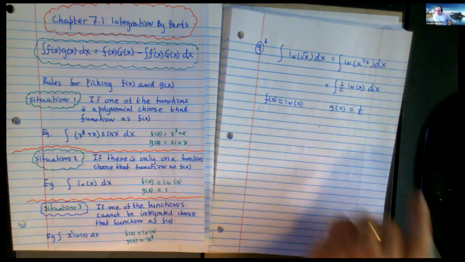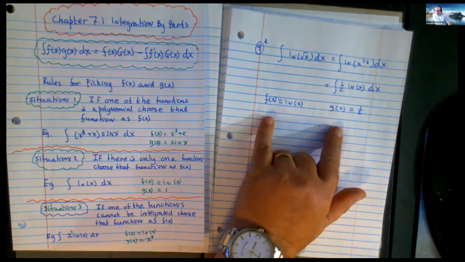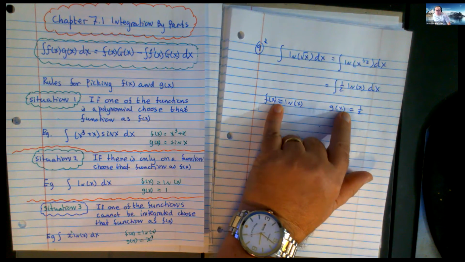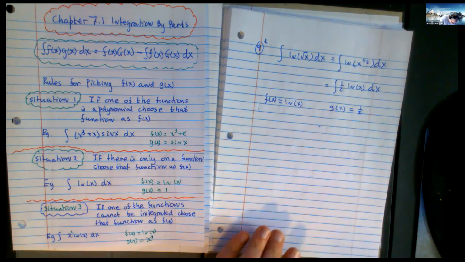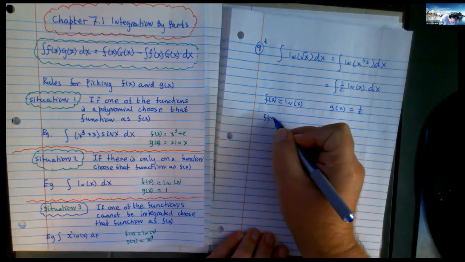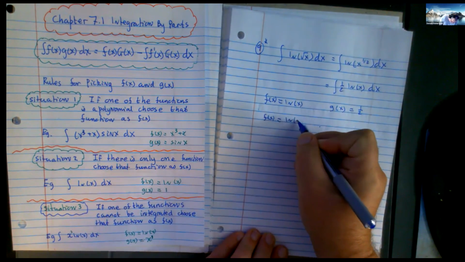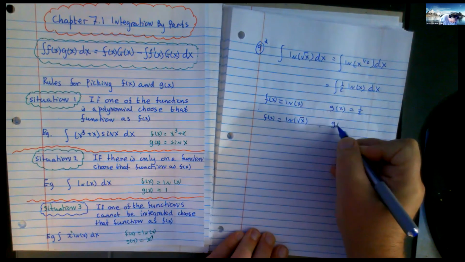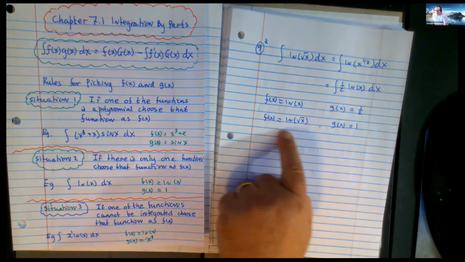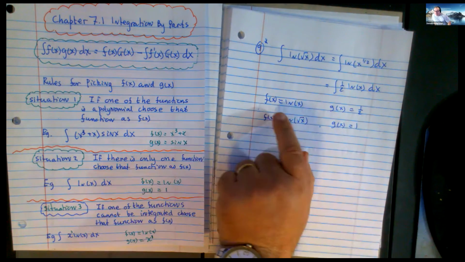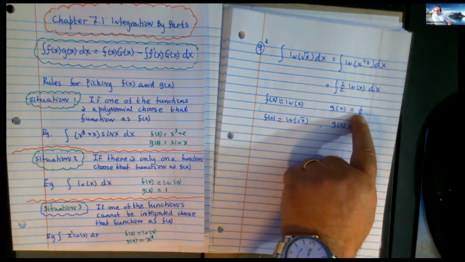Now, why do you think I decided to go this route instead of making that whole thing f of x and g of x 1? Because the alternate would have worked. I'm not saying it wouldn't. But why do you think I went this road instead of the more obvious road?